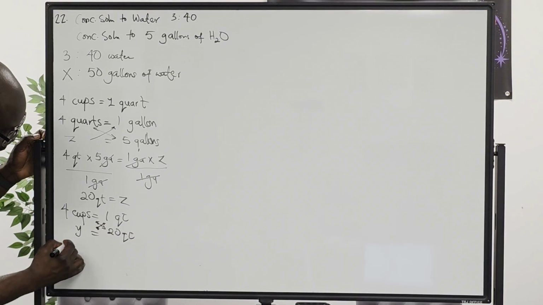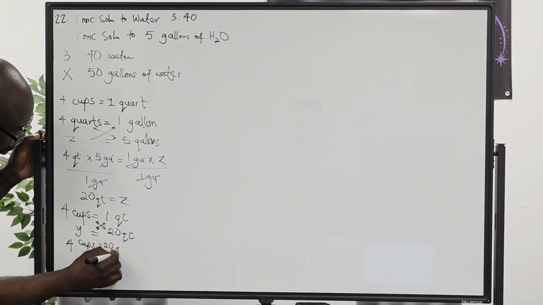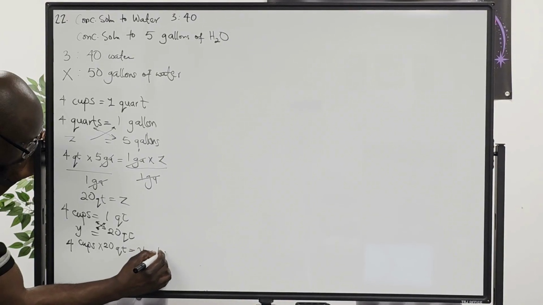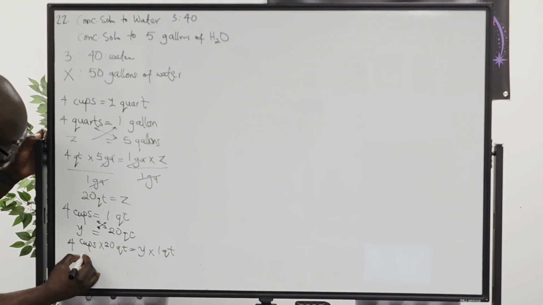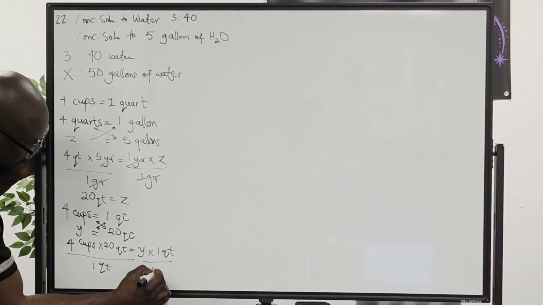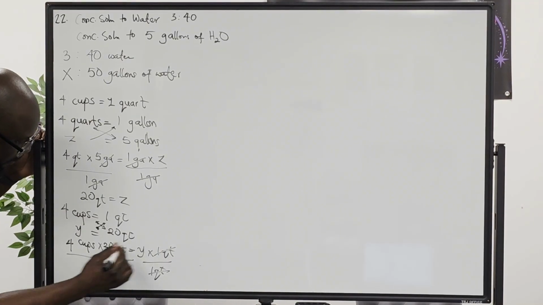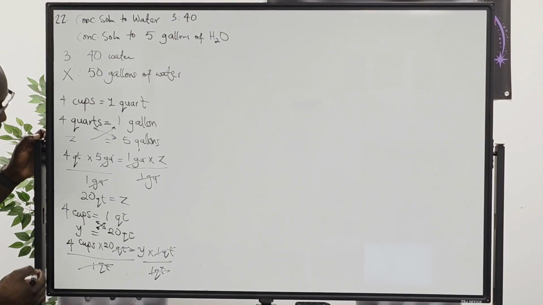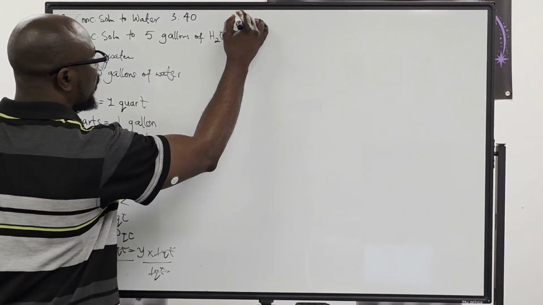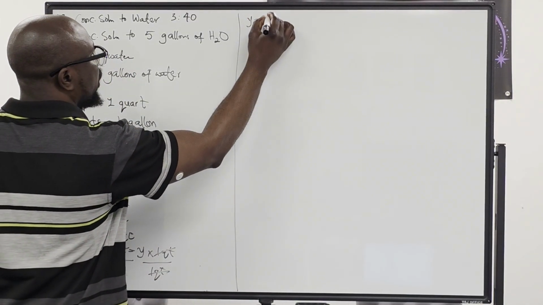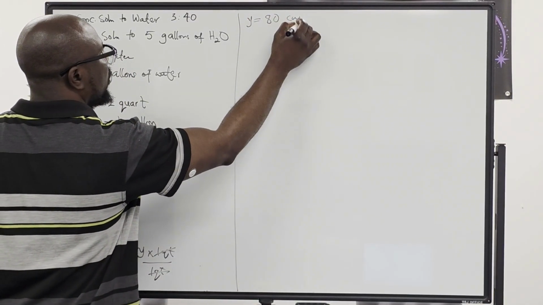So 4 cups times 20 quarts is equal to Y times 1 quart, right? So we can divide both sides by 1 quart. And once we do that, 4 times 20 is 80 cups. So that Y is equal to 80 cups.